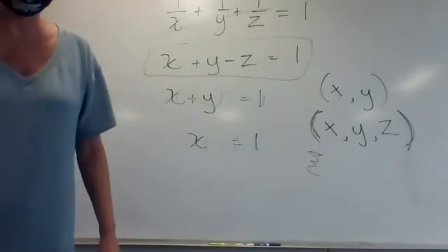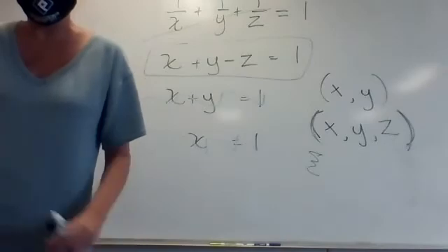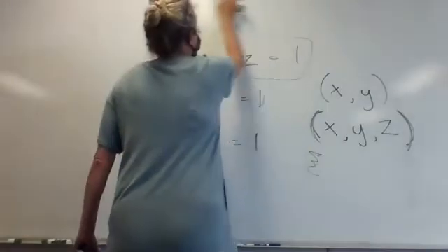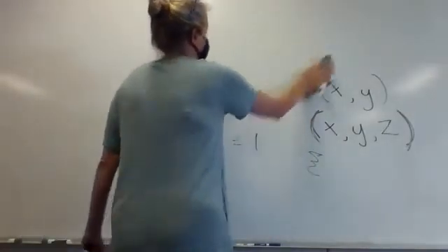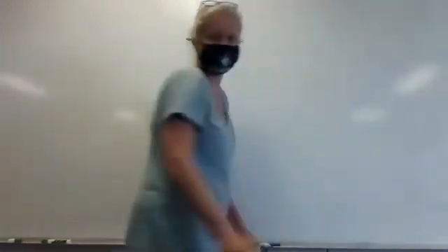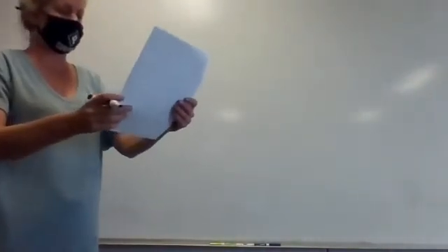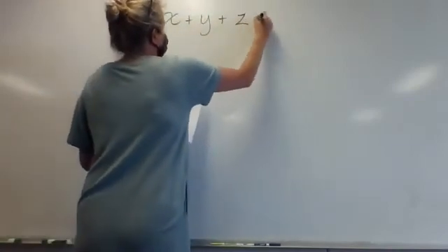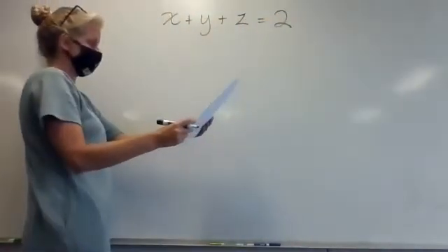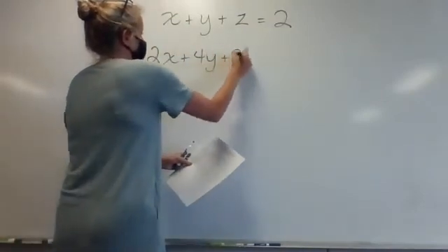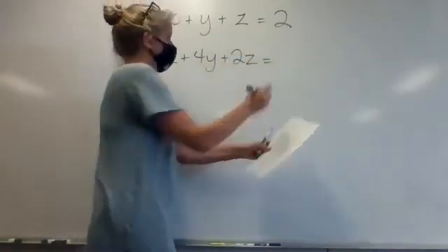Now let's solve some of these, like number 7. You've got x plus y plus z equals 2. 2x plus 4y plus 2z equals 6.